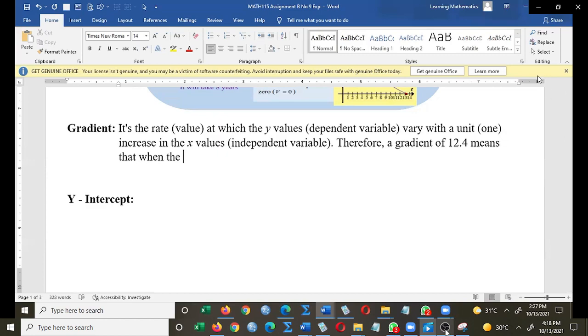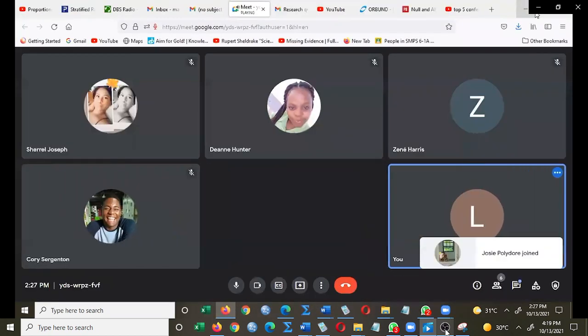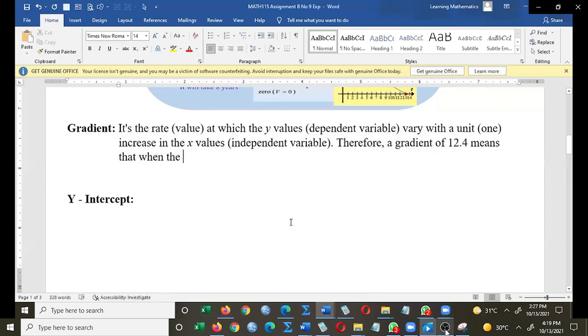Can anybody help me to continue? An increase of 12.4 on the y-axis.